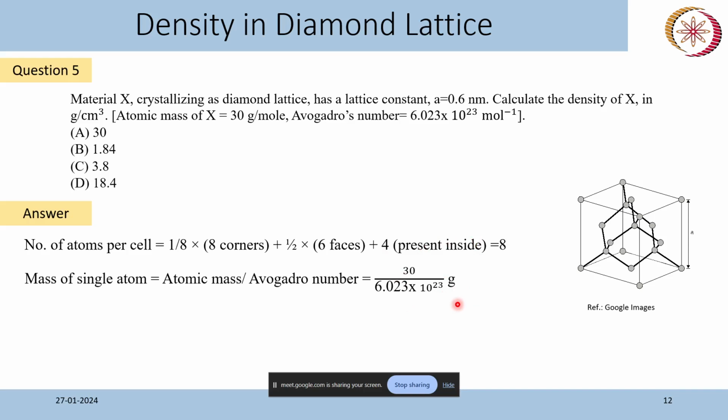And then density is calculated as number of atoms in one unit cell, times mass of one atom, divided by the size of the unit cell. So I have directly written it in centimeter, and this is already in gram. So final answer is this. So correct option is B.